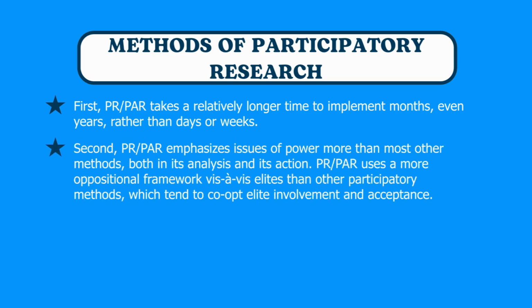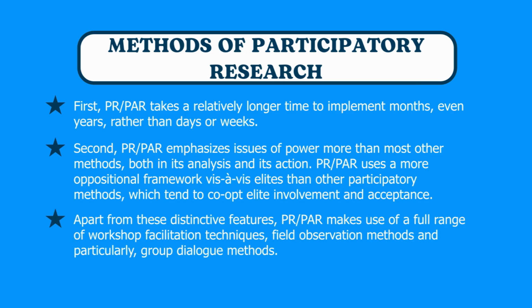Secondly, it emphasizes the issues of power more than most other methods, because both in its analysis and its action it uses a more oppositional framework vis-a-vis elites, unlike participatory methods, which tend to co-opt elite involvement and acceptance. Apart from these distinctive features, these methods make use of the full range of workshop facilitation techniques, field observation methods, and group dialogue methods.